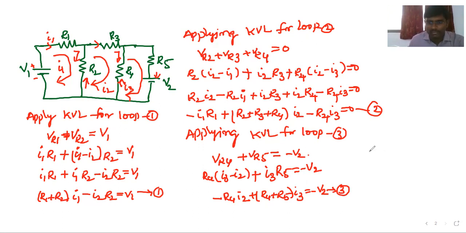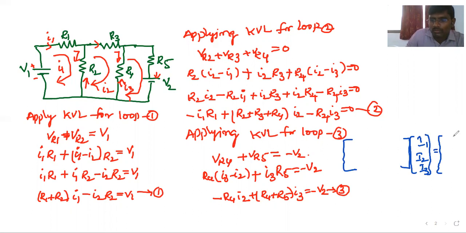So that looks like this: the column I1, I2, I3 is equal to, from the first equation, what are the coefficients? The I1 coefficient is R1 plus R2, then the I2 coefficient is minus R2.